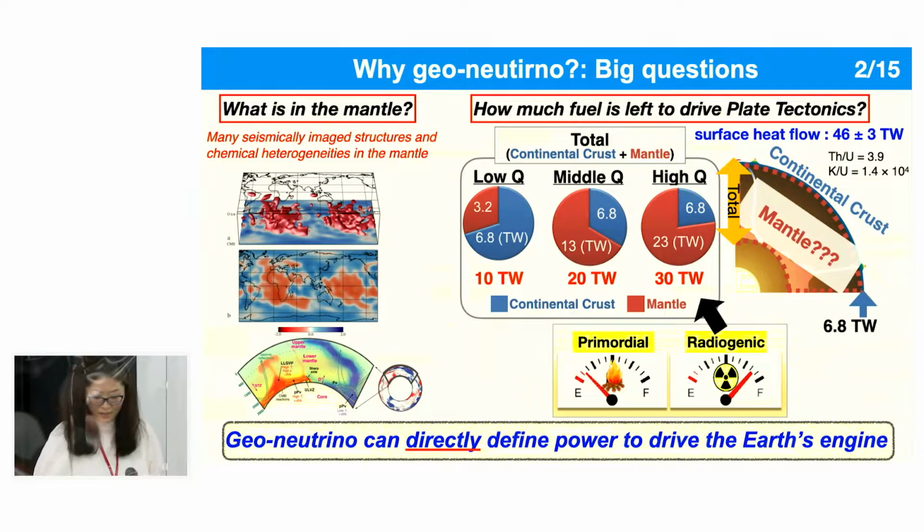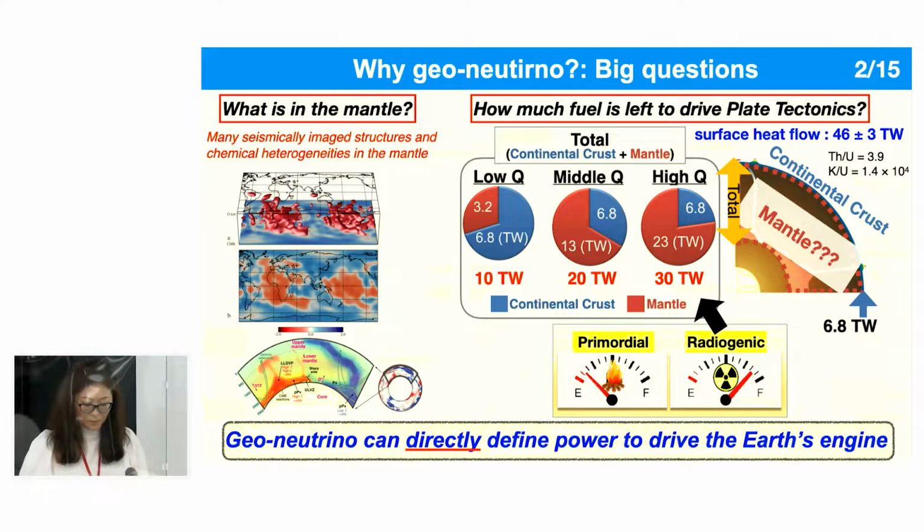I'd like to mention why geoneutrinos are very important: they are a key point to the big questions of the Earth. One is what is in the mantle. We discussed yesterday the LLSBP region, and what is there.